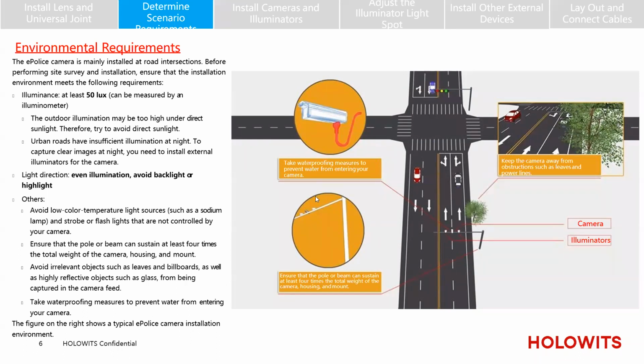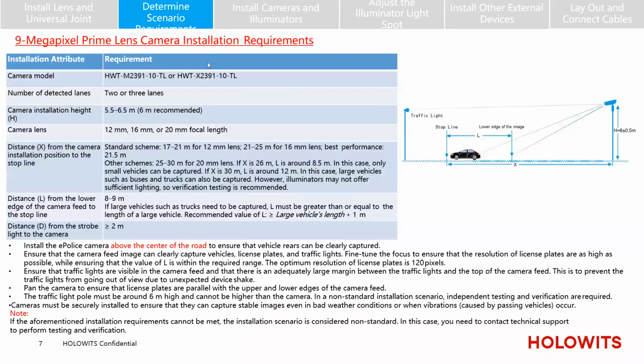After that, you can decide where to install, right? It's also for the camera installation, about the height, about the distance from the cameras to the cars, to the traffic lights. We also have some documents or recommendations for that.